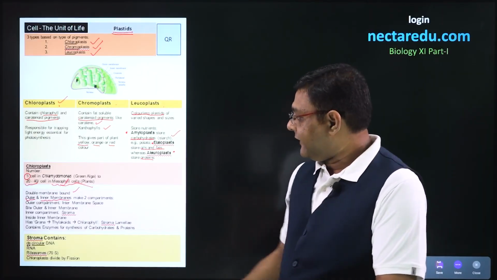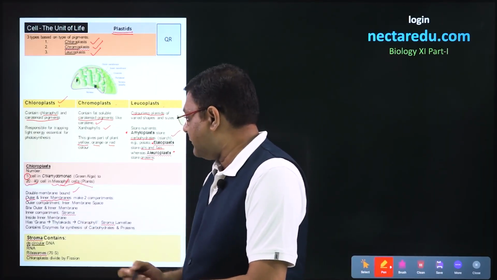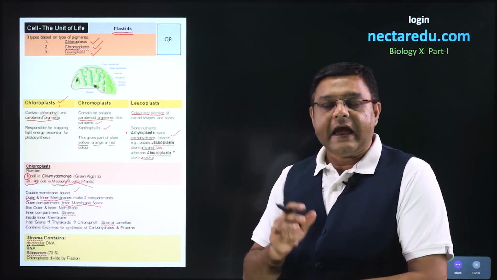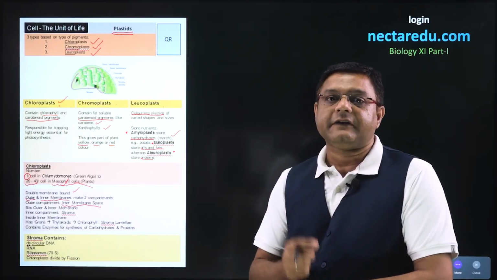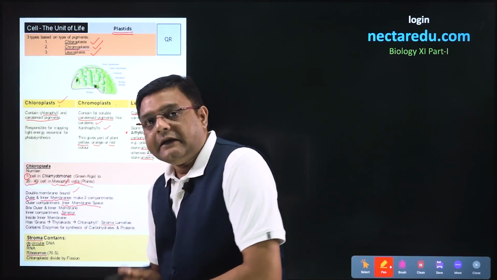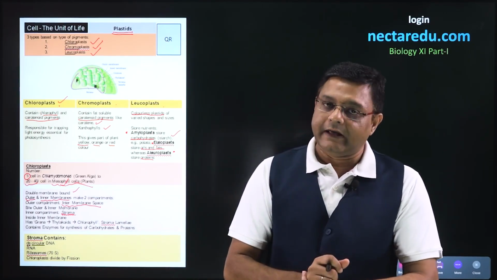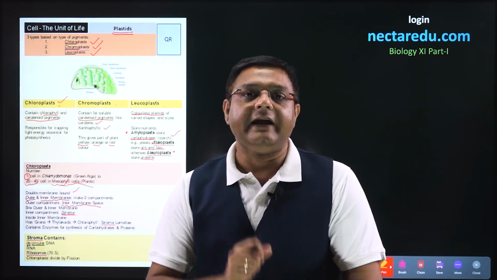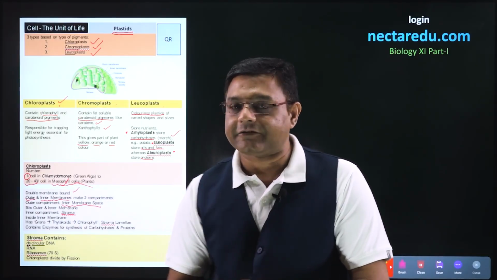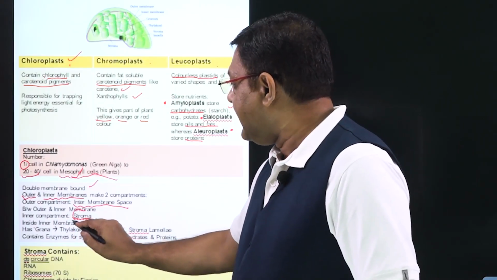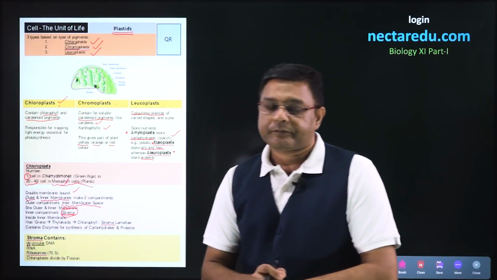The space between them is called the intermembrane space, and the space inside the inner membrane is called stroma. To remember: in mitochondria, the space inside the inner membrane was called matrix, but here it is called stroma.